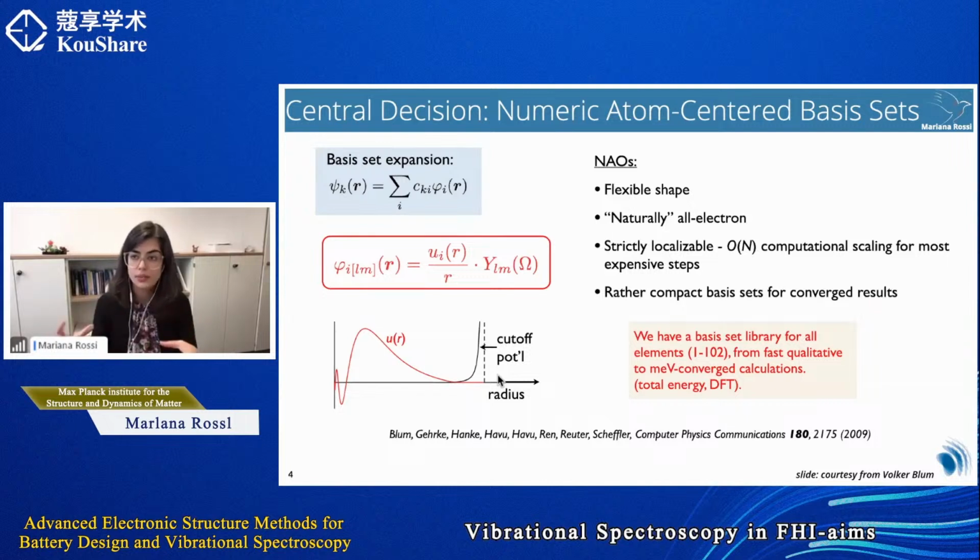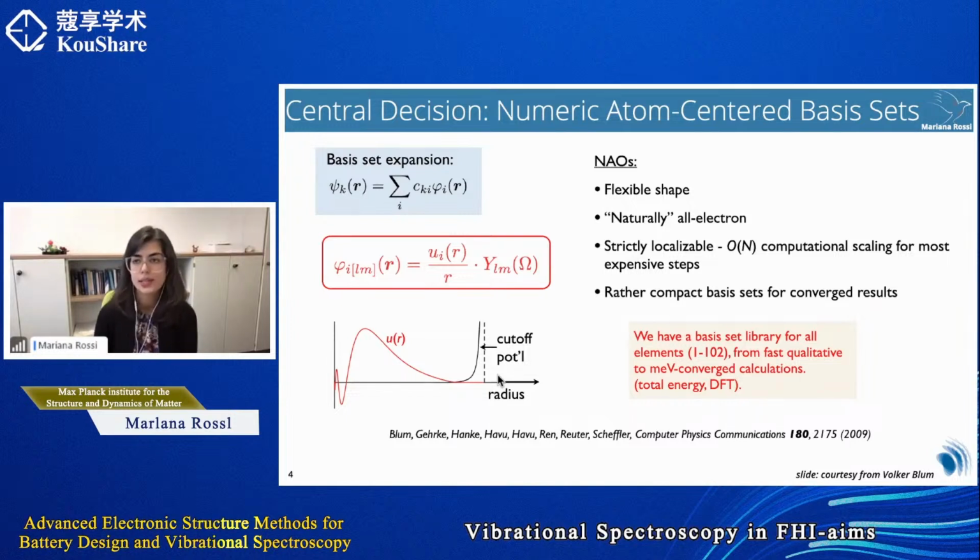So for most integrations that we do in real space in the code, we can achieve order n scaling because the basis sets are localized. The code scales as order n for all operations except the eigenvalue solver. The eigenvalue solver is also not the bottleneck of most calculations unless you go to very, very large system sizes. So when you look at scalings in the code, you typically see order n up to very large system sizes.